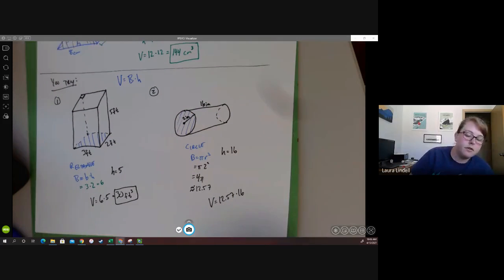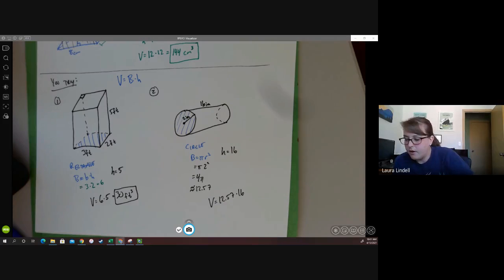And then for the volume, we take that area of the base that we found, 12.57, and multiply it by that height of 16.